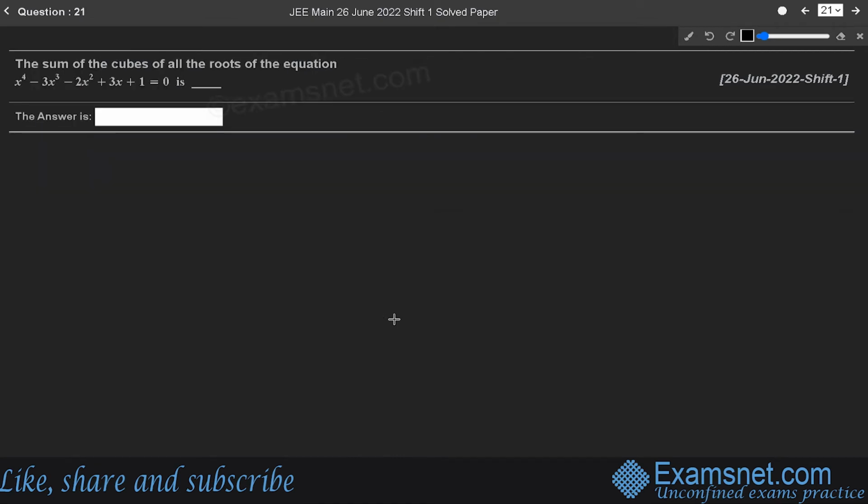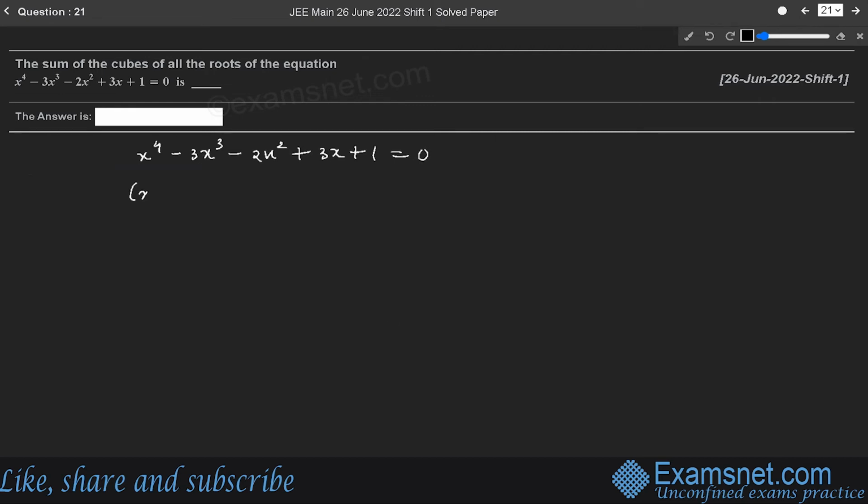The sum of all the cubes of the roots of the equation x power 4 minus 3x cube minus 2x square plus 3x plus 1 is equal to 0 is. So we have to find the sum of cubes of all the roots. So first we have to find the roots for this equation.